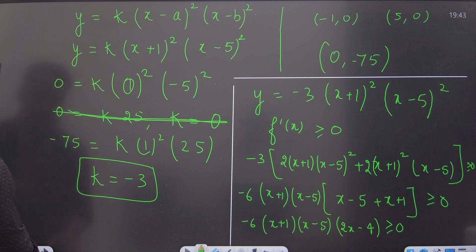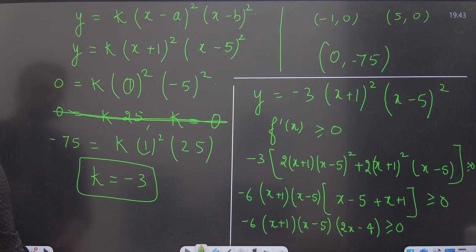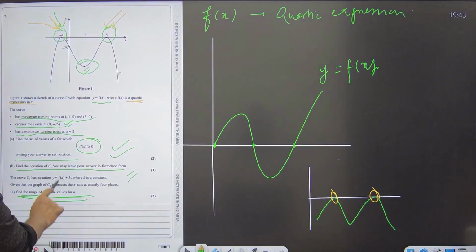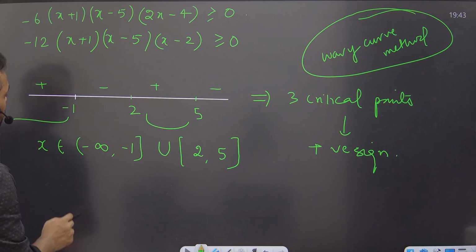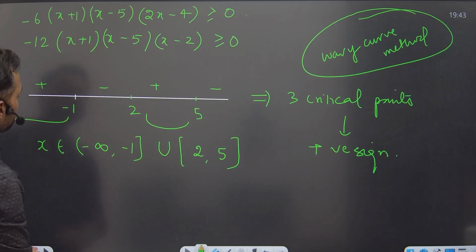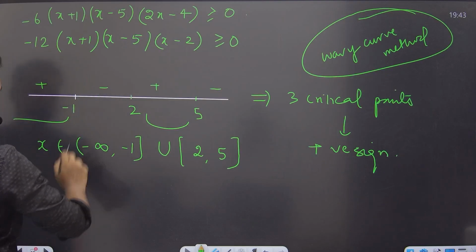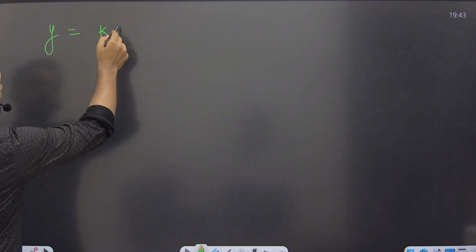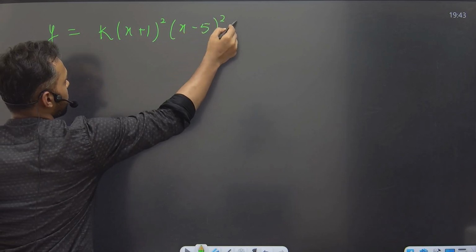Now, for the third part, student, it has a maximum turning point at x equals 2. So we have y equals k times (x plus 1) whole square, (x minus 5) whole square.